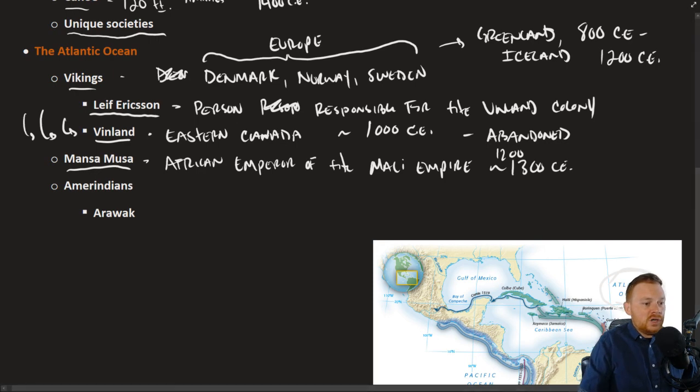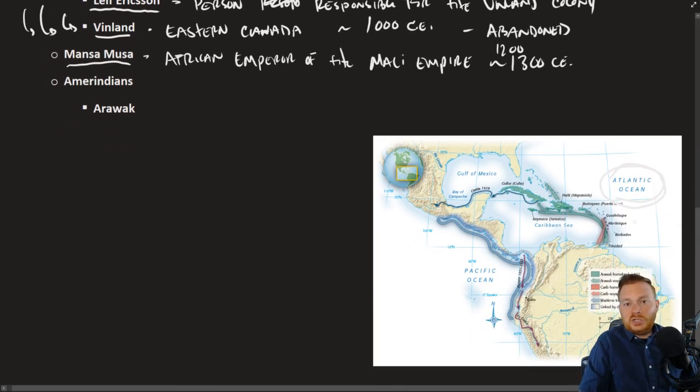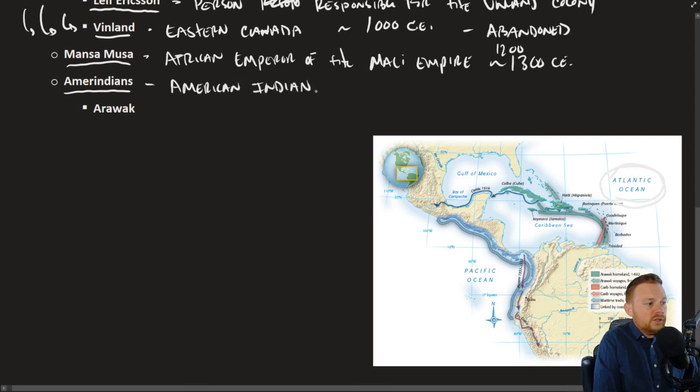And then, of course, on the side of the New World, you do have overseas, or at least maritime, expansion by Native Americans. The Amerindians, this is simply another term for American Indian. You may also just use the term Indian or Native American, right? So these are all terms used to describe the same group of people.